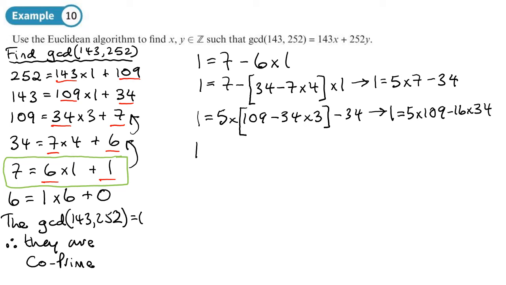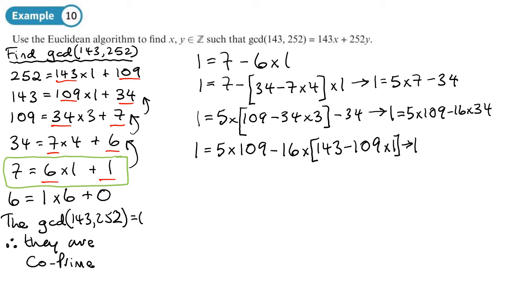So the next line of working, go back to here, I'll replace the 34. So I'll have 5 times 109 minus 16 lots of 34, but I replace 34 with 143 minus 109 times 1. So again, we simplify it before moving on.